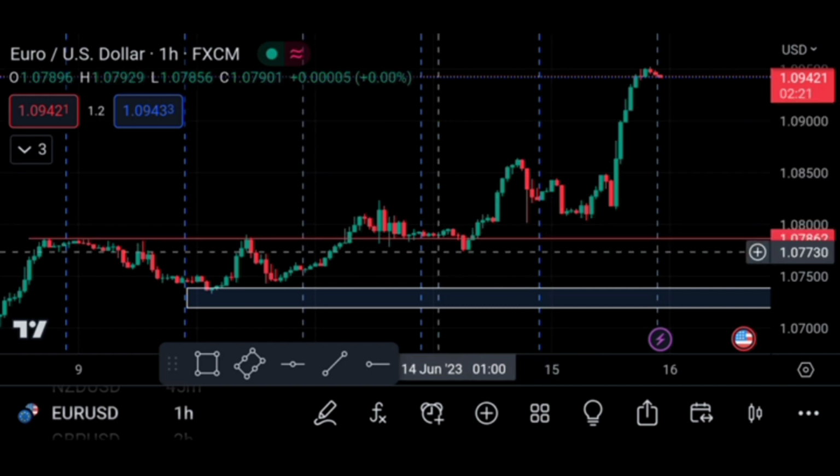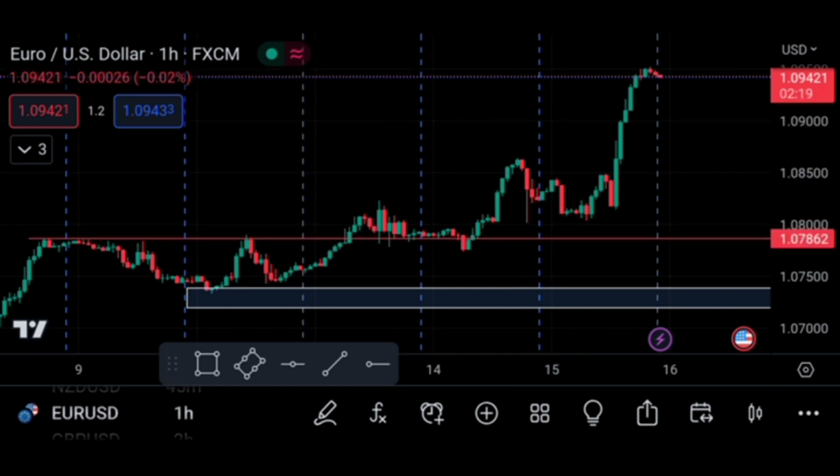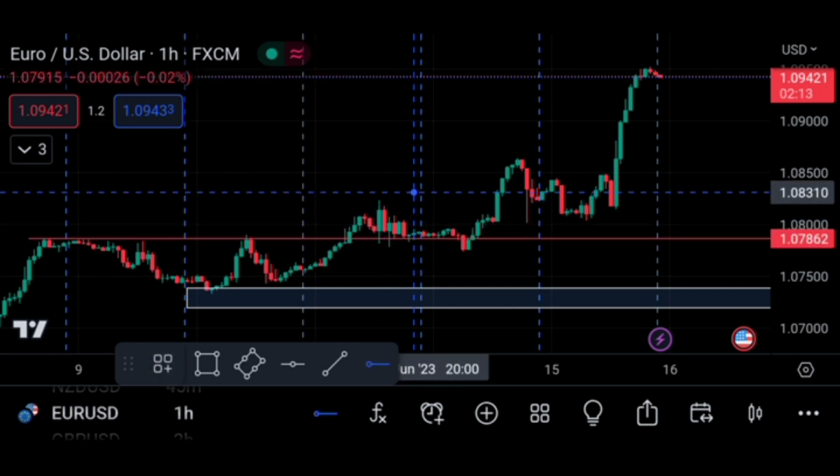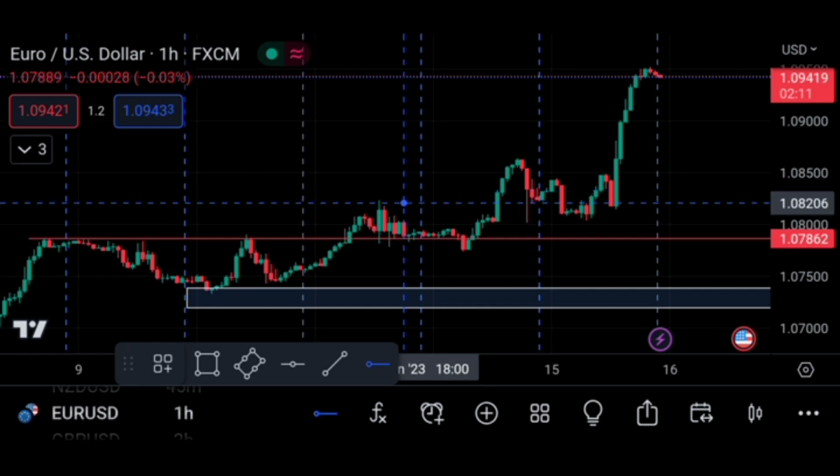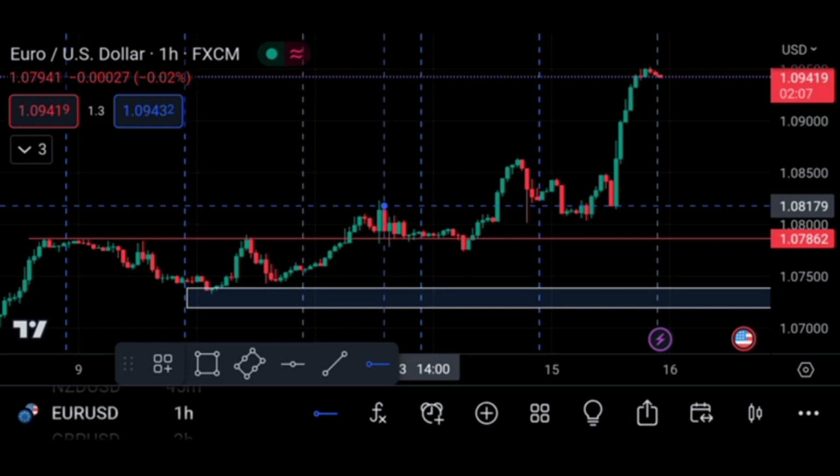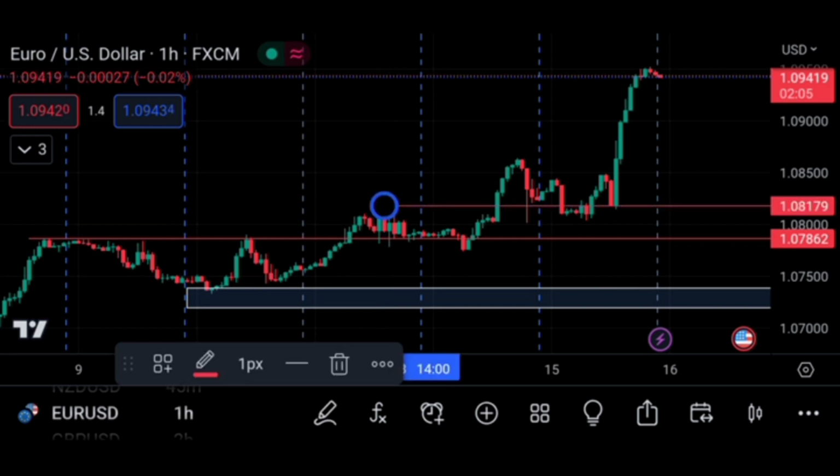And then you can also see in this zone where the market broke. You can see here the market broke this particular zone, this previous lower high, and then it came back after breaking this zone.